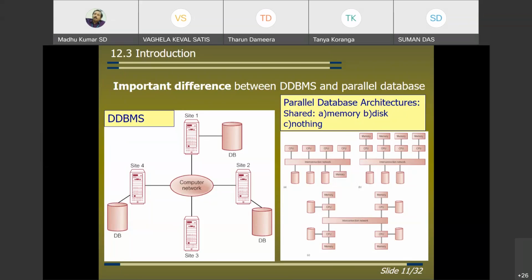There are three different forms of parallel databases. First is the model where you share the memory. Then the secondary memory or the disk is shared. And the third one is shared nothing.